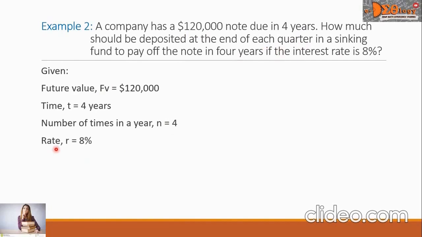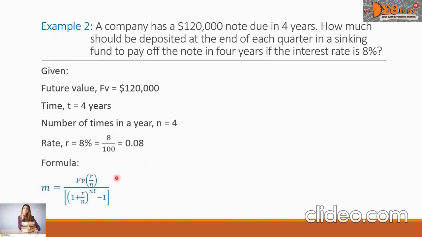Next is the rate, denoted by R. That is the 8%. We will convert this 8% into decimal. We will write first this 8 over 100. We drop that percent sign, and then we will get the quotient of 8 over 100. That is equal to 0.08.